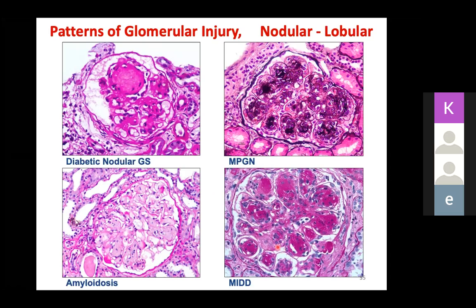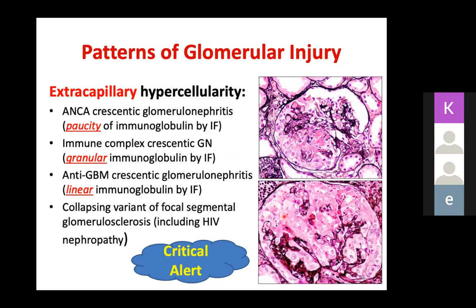But the clue we take from morphology is multiple nodules as compared to a single nodule. If I find a single nodule, my diagnostics will shift towards diabetes. If I have multiple nodules, my thinking would tilt towards monoclonal disease. But again, obviously, we will confirm by immunofluorescence.